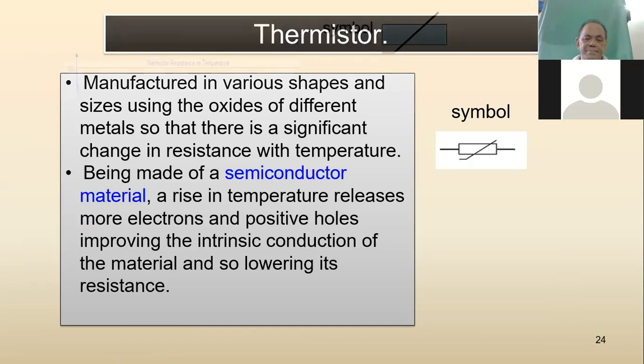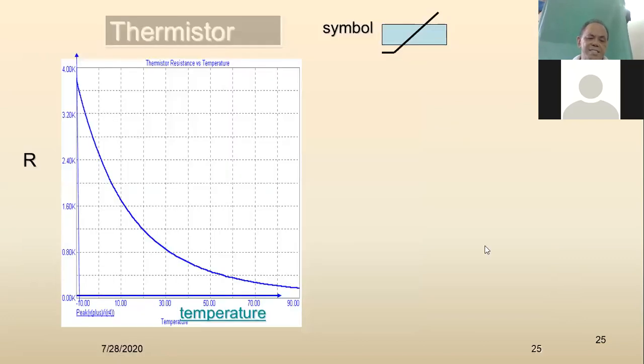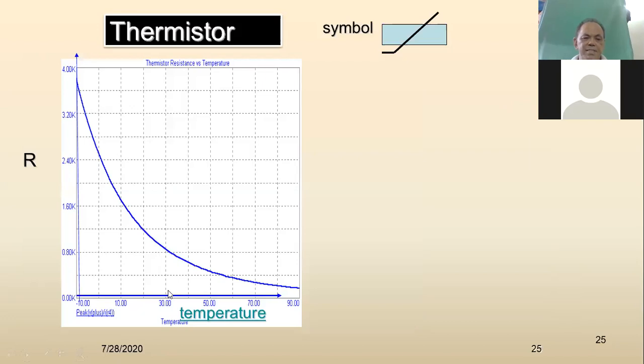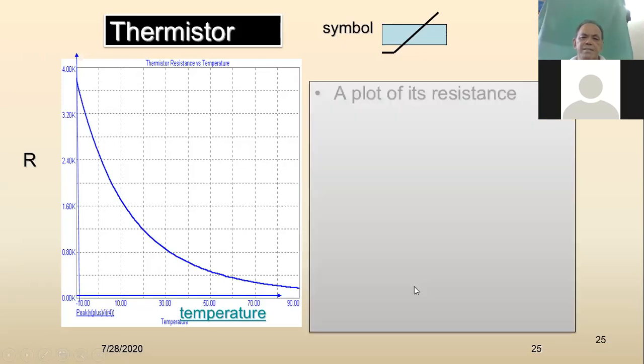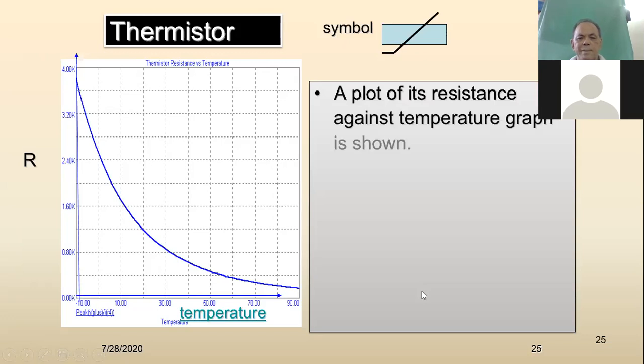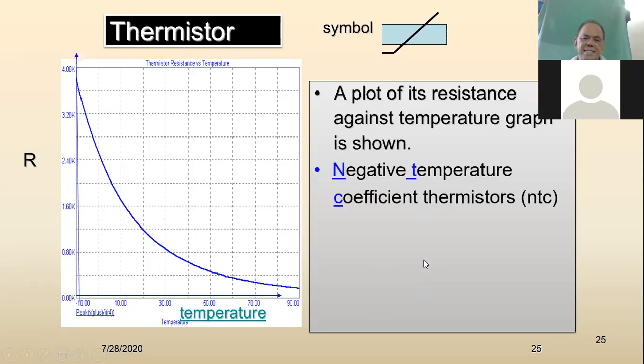That's the symbol for the thermistor. And there's the graph, resistance against temperature. It's not a straight line, it's not linear. It's a curve. We call it negative temperature coefficient, or NTC.